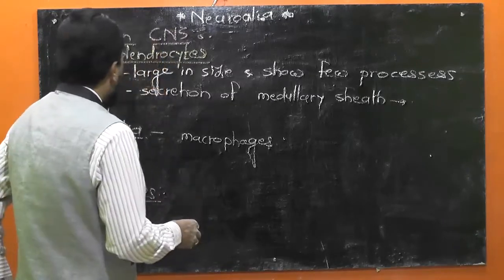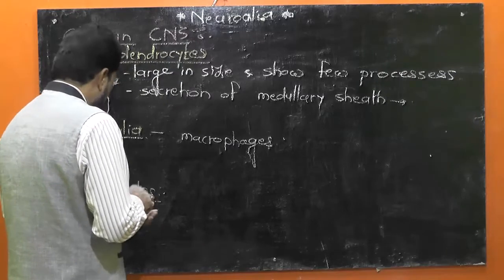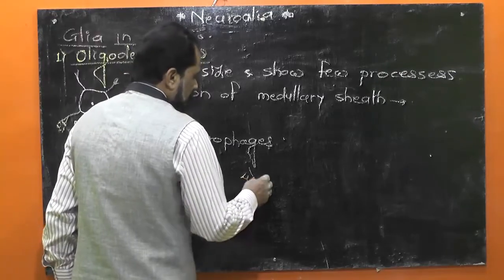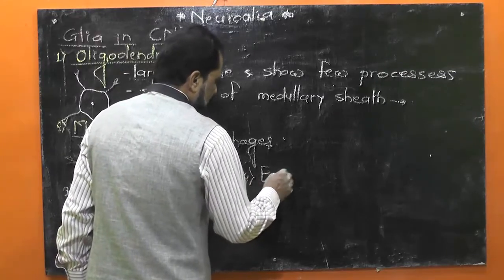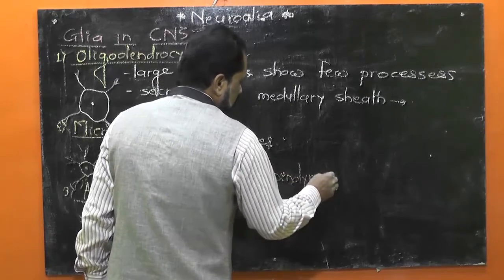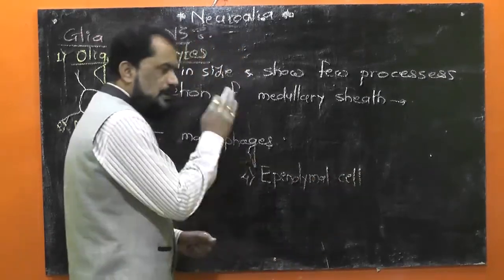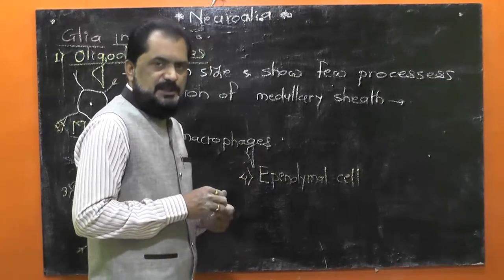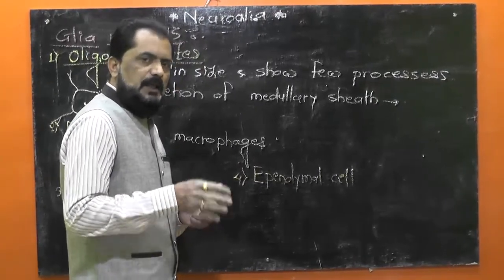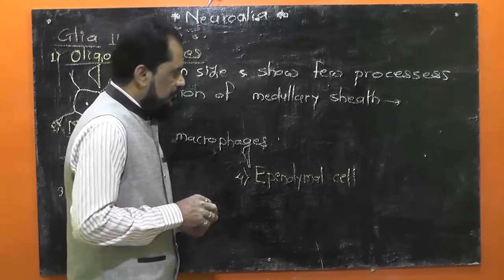वन मोर टाइप ऑफ ग्लियल सेल्स प्रेझेंट इन द ब्रेन, that is ependymal cells. One more type of cells present in the central nervous system, in brain as well as spinal cord.